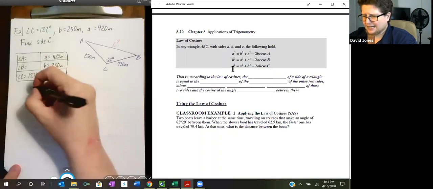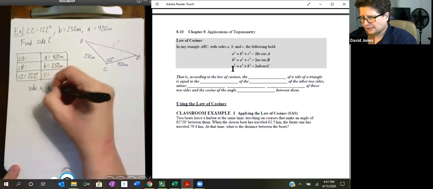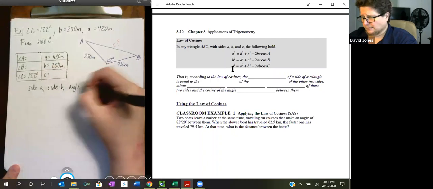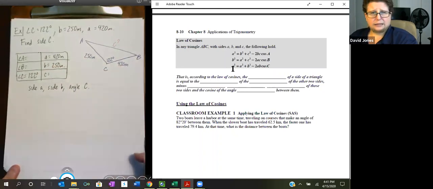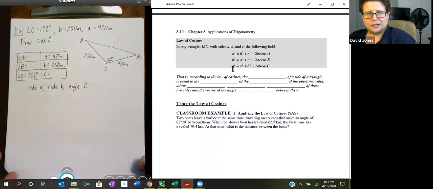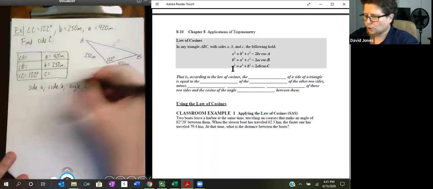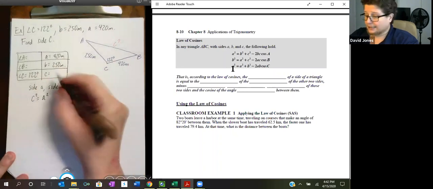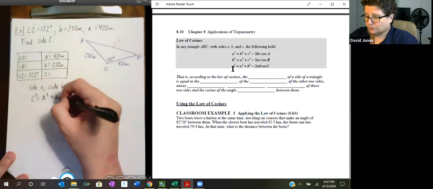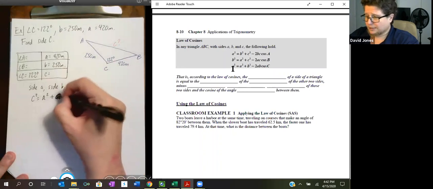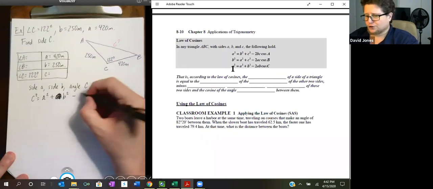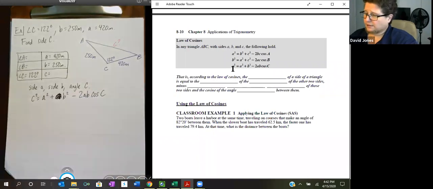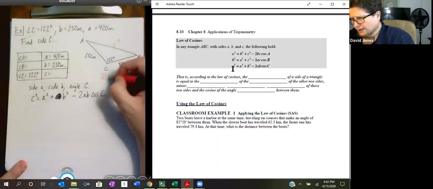We have side A and B and angle C. Which formula has that information? This one corresponds with C squared. We need the one that has angle C in it. So C squared equals A squared plus B squared minus 2AB cosine C. Use the formula with the angle.